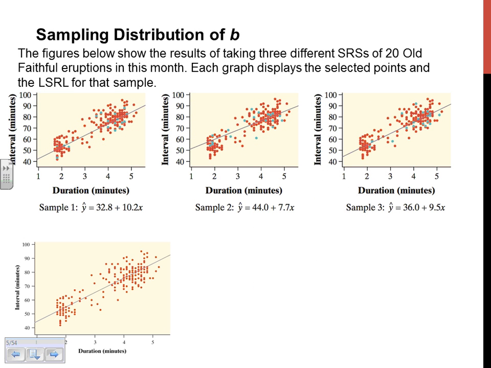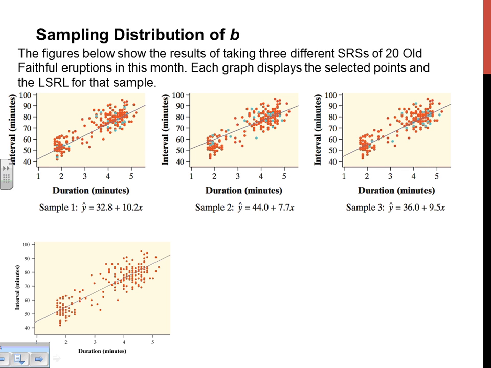So here you can see some figures below that show the results of taking 3 different simple random samples of 20 Old Faithful eruptions in this month. Each graph displays the selected points and the least squares regression line for that sample. So here down below you can see the population and the samples going on.